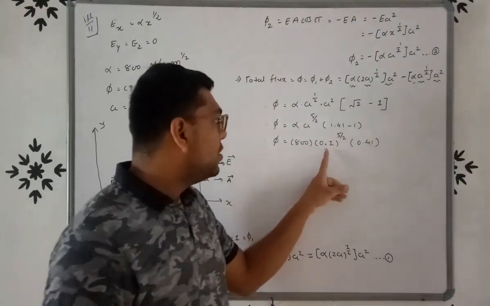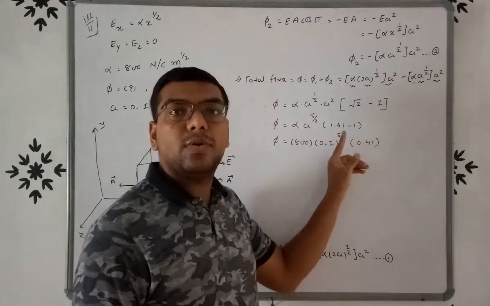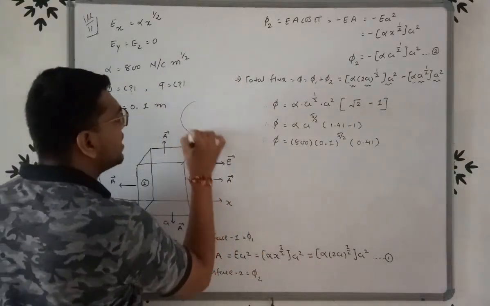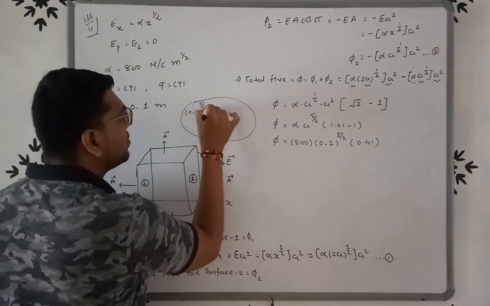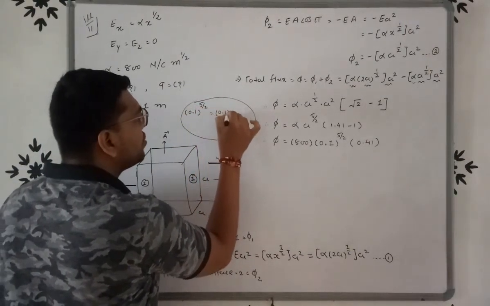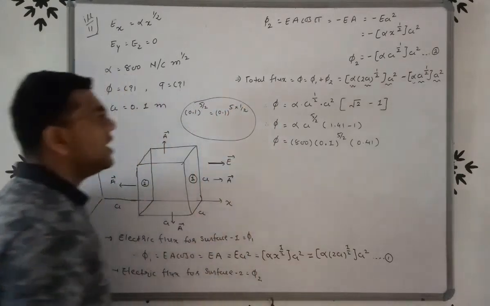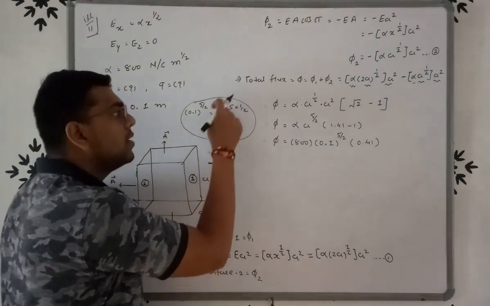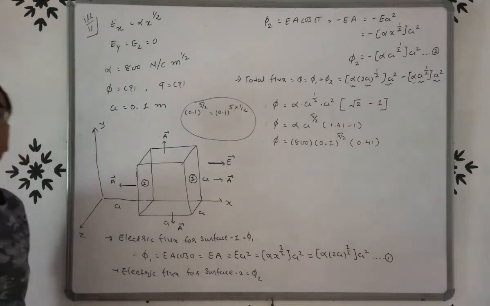Now to find 0.1 raised to 5 by 2, you have to separate it like this: 0.1 raised to 5 into 1 by 2. So first find 0.1 raised to the power 5, and then find the square root of the answer.